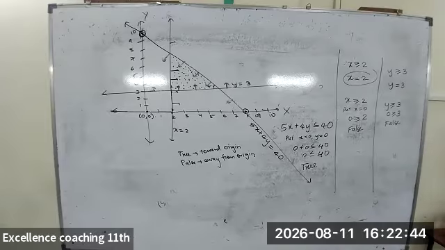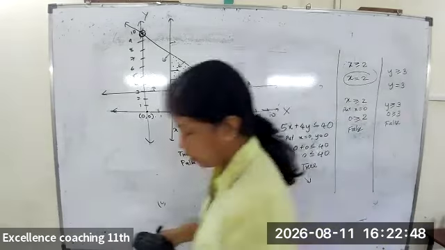By finding the points of the first line, put x equals to 0, find the value of y.